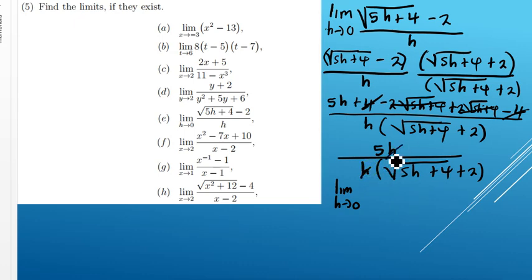First of all, this and that can cancel. Then we're going to have 5 over root of 5, then we replace 0 here, plus 4, plus 2.